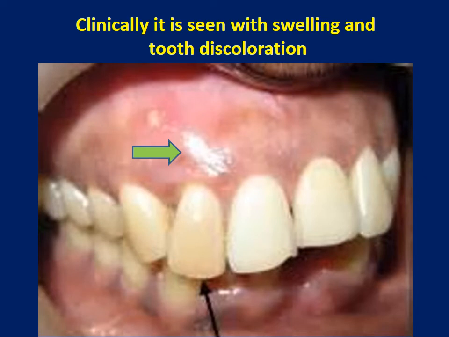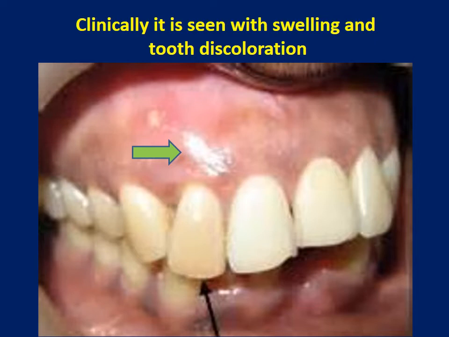Clinically, any periodontal ligament swelling or lesion can be seen as a swelling just below the gingival area. Here, this is the area where we see such a swelling. This is a periodontal lesion.